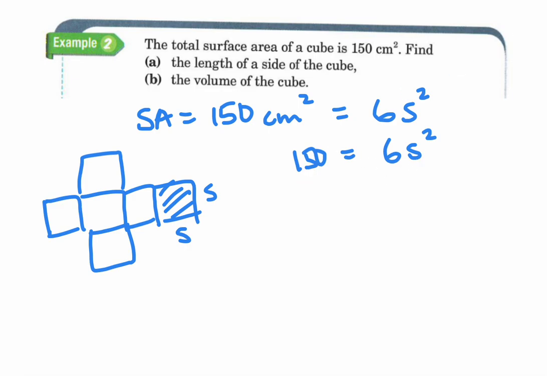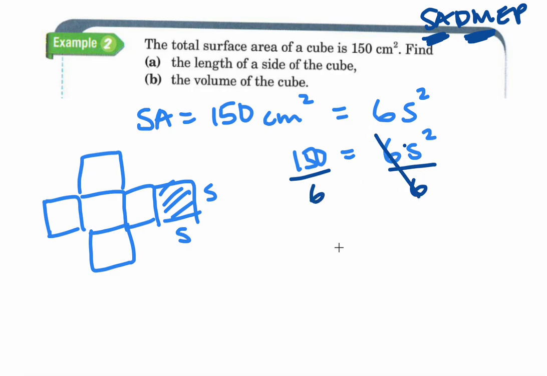Okay, so if the answer is 150 and we had to take s squared and multiply by 6 to get there, let's work backwards. So in order to get s by itself, so we're solving this equation, let's follow PEMDAS, or SADMEP, because we're working backwards, right? So let's deal with any addition and subtraction first. I don't see any. Let's go on to division or multiplication. This is being multiplied by 6, so let's divide both sides by 6, because you're working backwards, right?